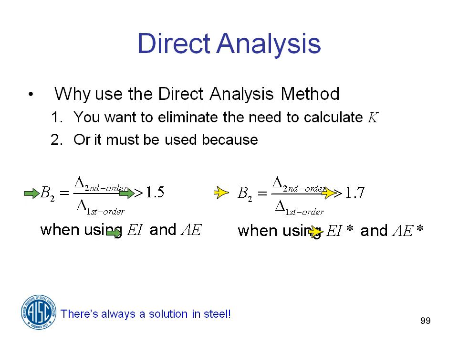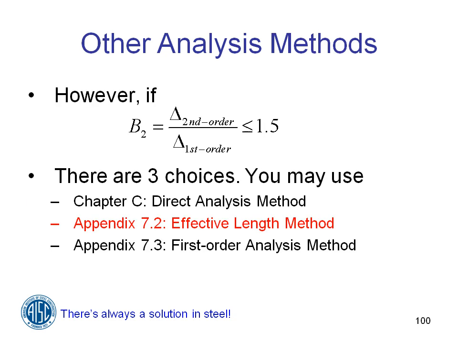So those are two possibilities, all a function of what you use for the stiffness of your structure. However, if B2 is less than or equal to 1.5, you have three choices. You could use the direct analysis method, as we did, and our B2 was fairly small, or you can use the effective length method, or you can use the first order analysis method.